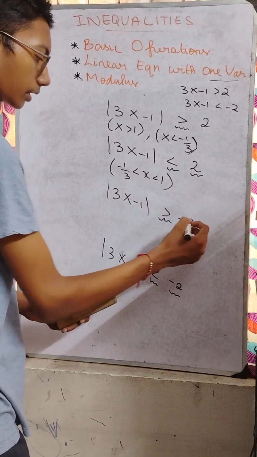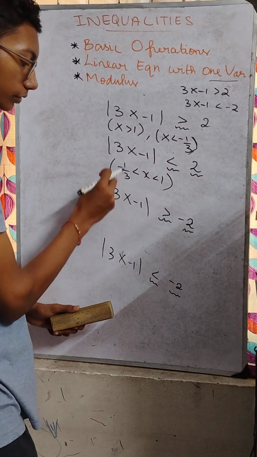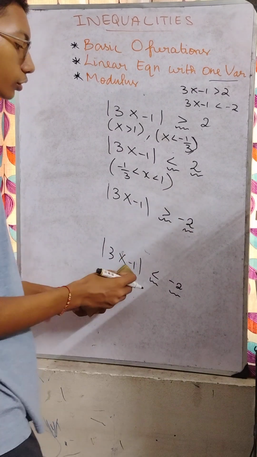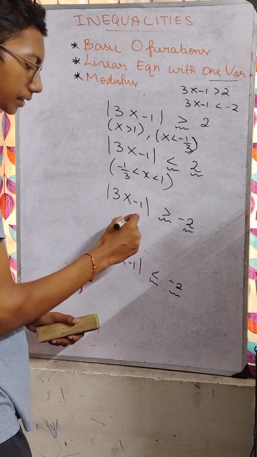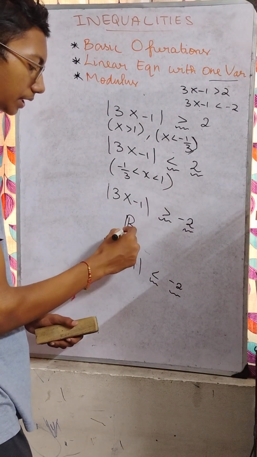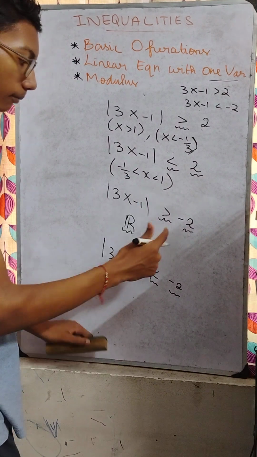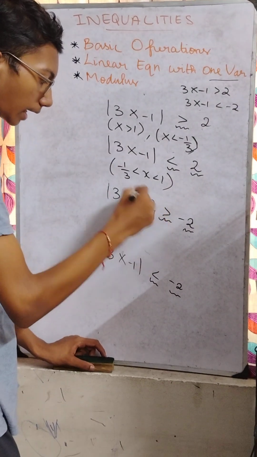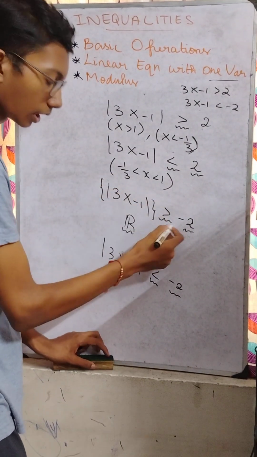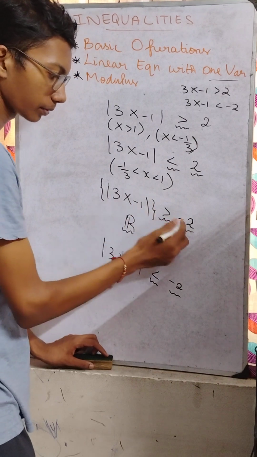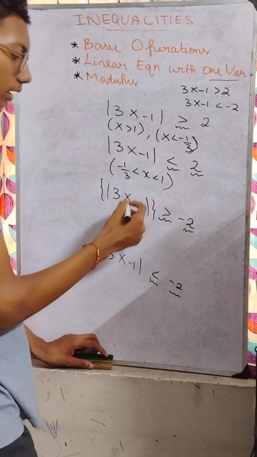Now the next: modulus of 3x minus 1 should be greater than minus 2. Here the answer is simple. The answer is all real numbers, because any number after taking the modulus will be positive, which means it is greater than a negative number.